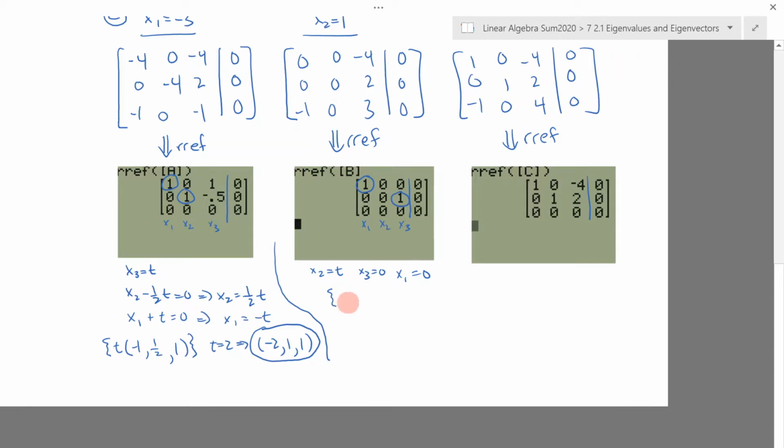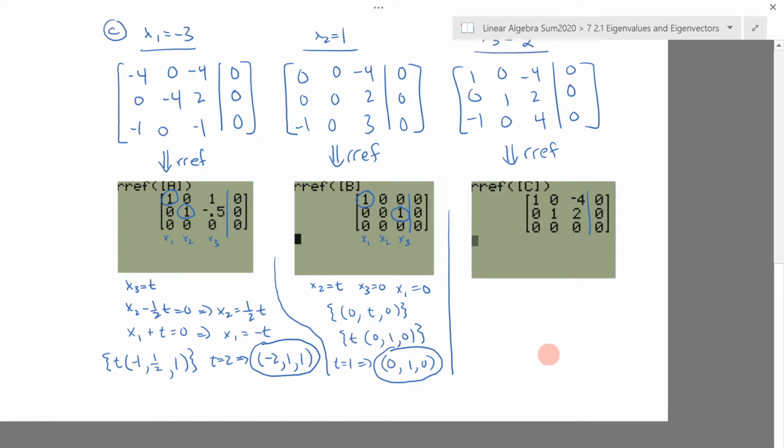This is 0 t 0, which is just t times 0 1 0, when you factor out the t, and so t equals 1 means I get 0, comma 1, comma 0. Okay, so that's the second eigenvector for this eigenvalue.